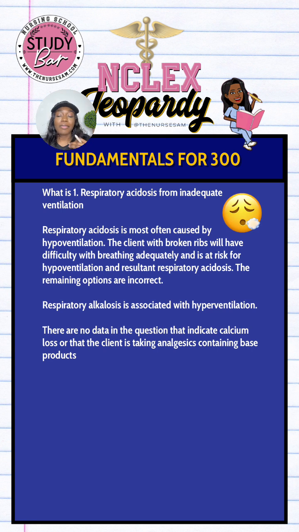Now, if we are not ventilating adequately and our breathing rate is slowed, we're keeping a lot of that CO2 that's supposed to be exhaled, and it's building up in our body and in our blood. That buildup of CO2 is what causes our blood pH to become acidic. So that's how we get respiratory acidosis. Make sense?